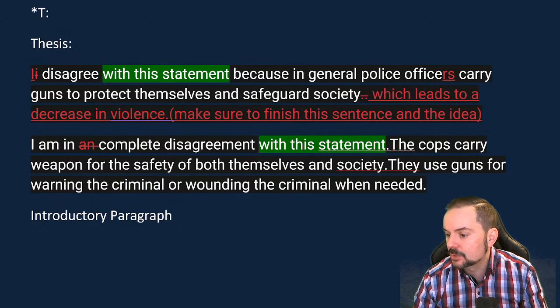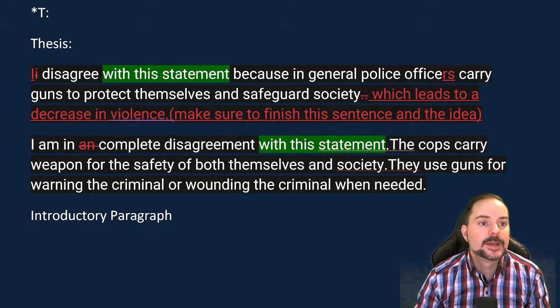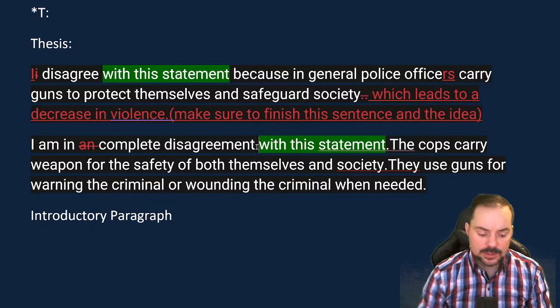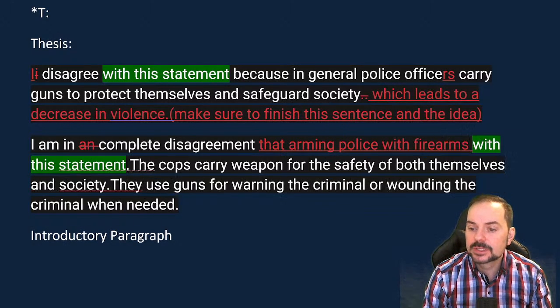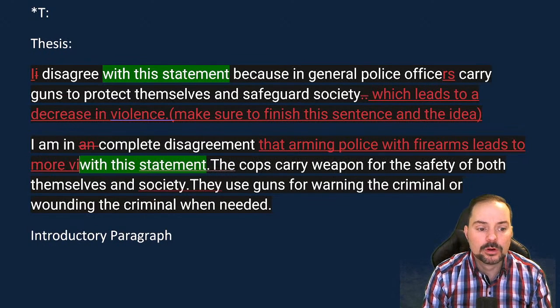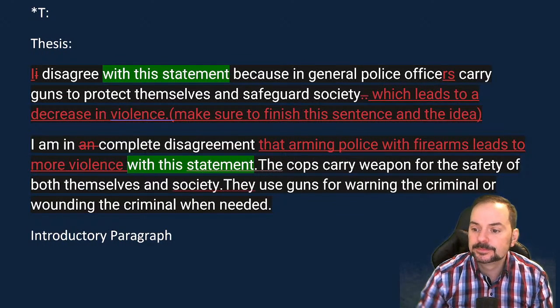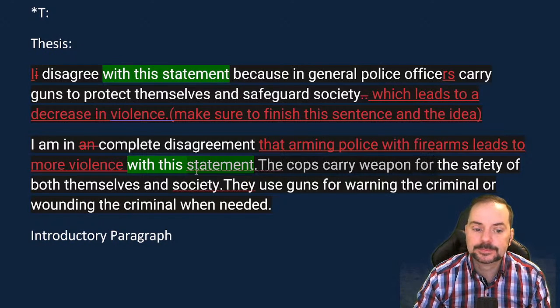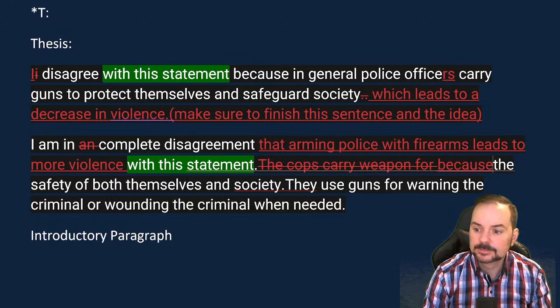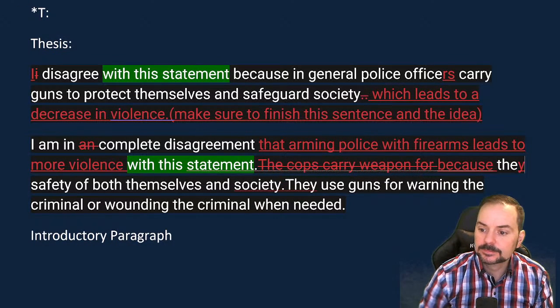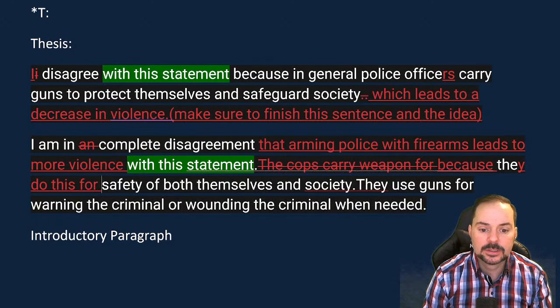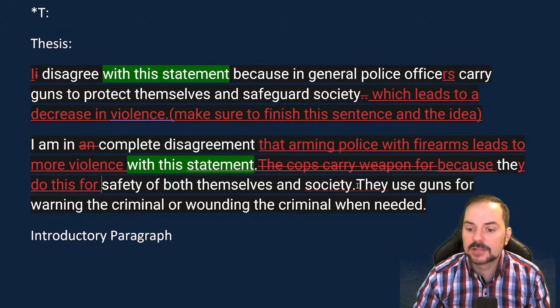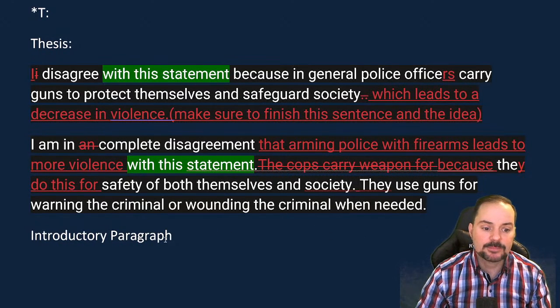Can I get a thumbs up? And I'll show you what I mean here specifically. Okay, so: I'm in complete disagreement that arming police with firearms leads to more violence because they do this for the safety of both themselves and society.